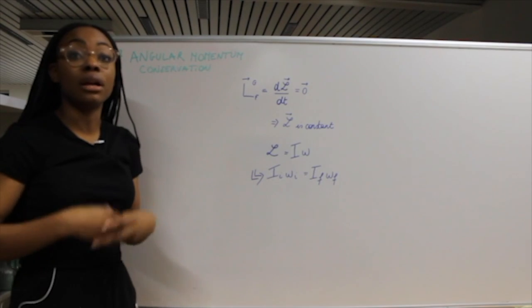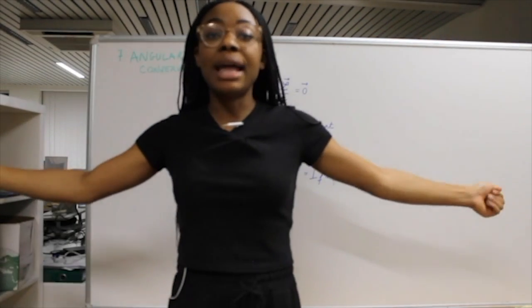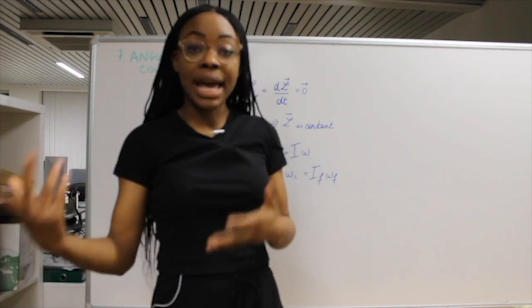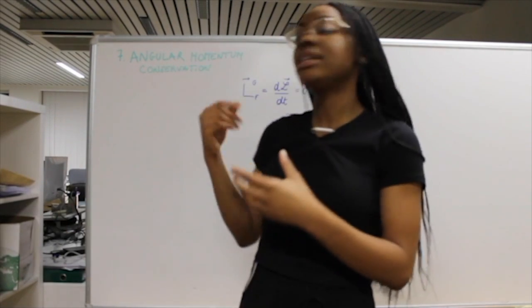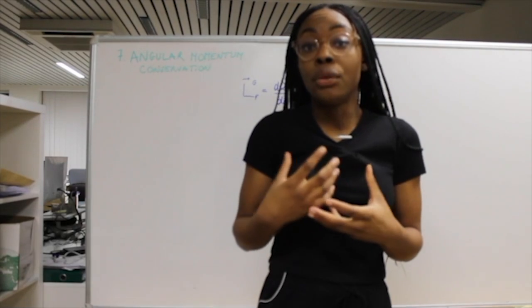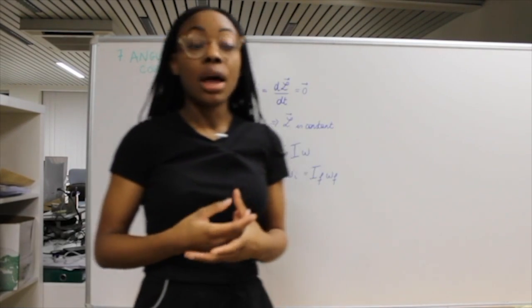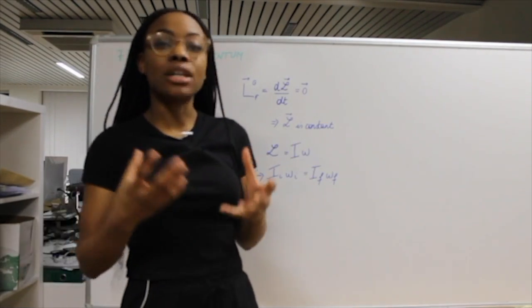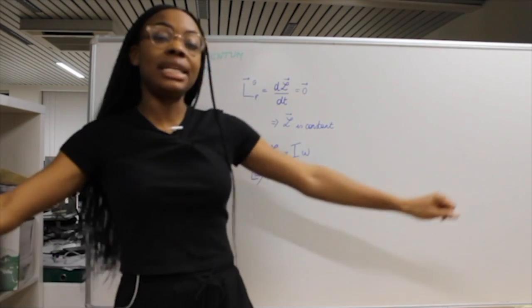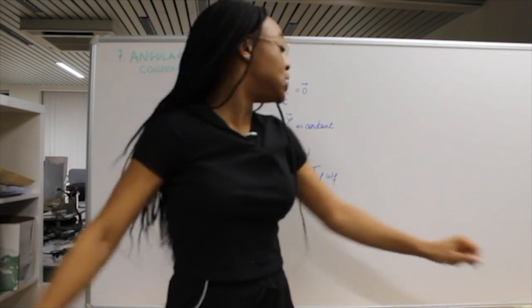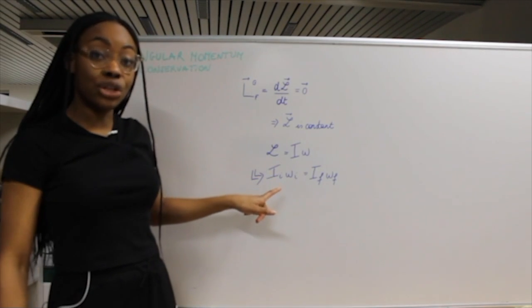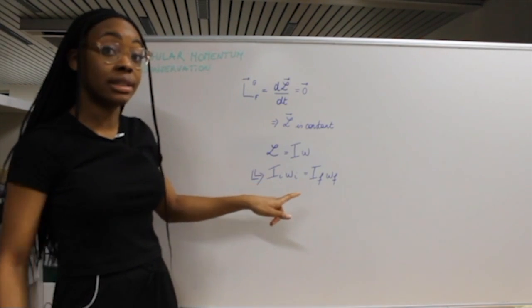Now, if we take Lucy. Lucy is a system, and she's spinning at a constant angular velocity, and there's no net external torque acting on the body. Therefore, her angular momentum is conserved. Now, Lucy has her arms outstretched, and she has an initial moment of inertia and an initial angular velocity.